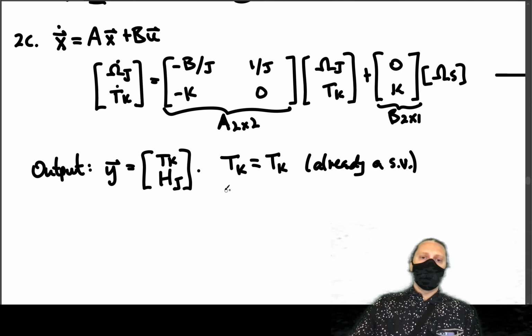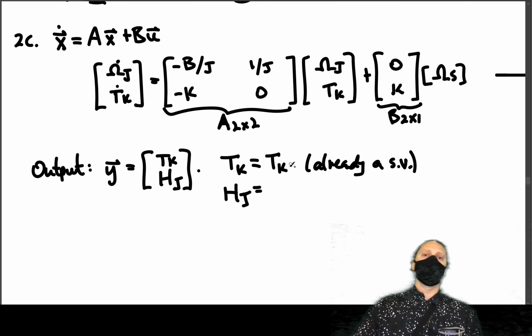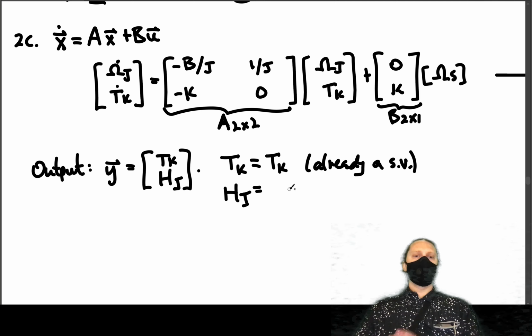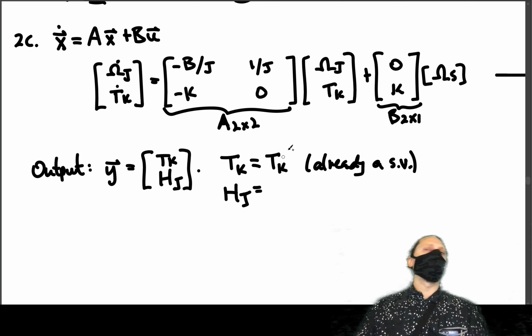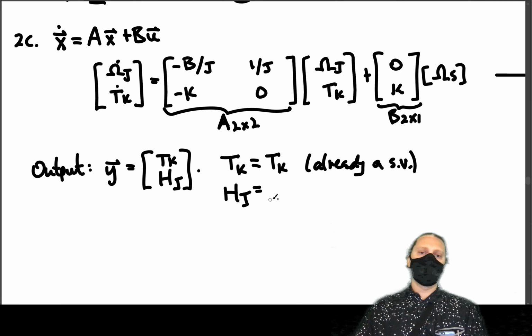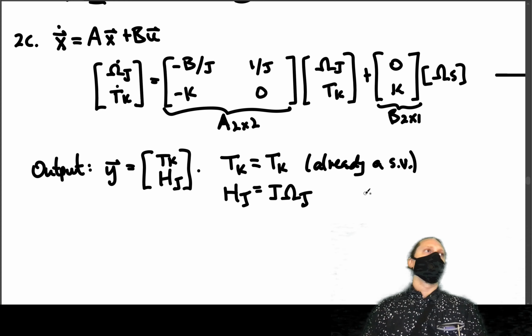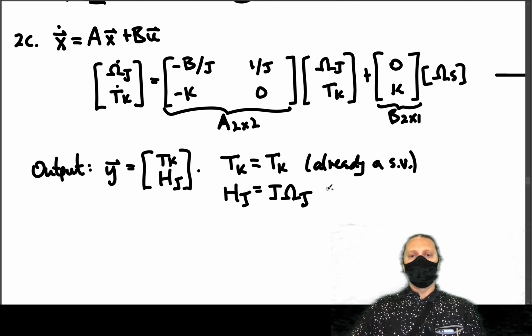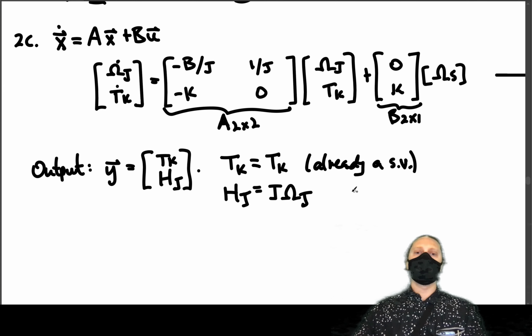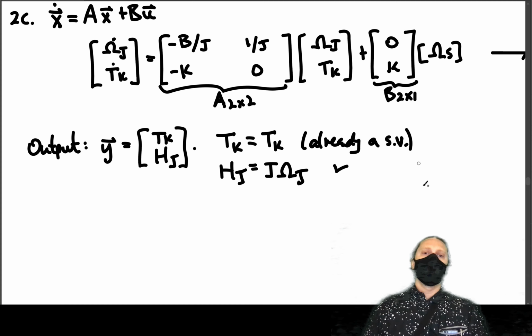We can say for the angular momentum, which is not a state variable, what it is in terms of state variables. The definition of angular momentum is frequently given as the moment of inertia times the angular velocity of the inertia. So this happens to be a state variable, so we're good to go.